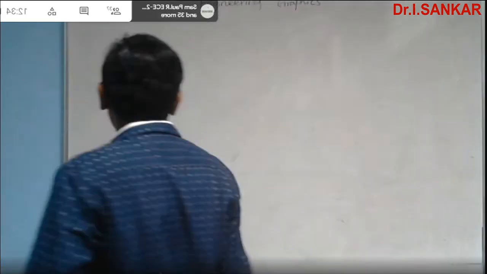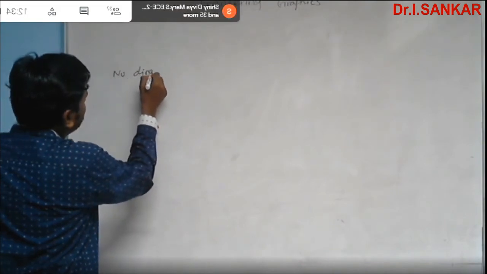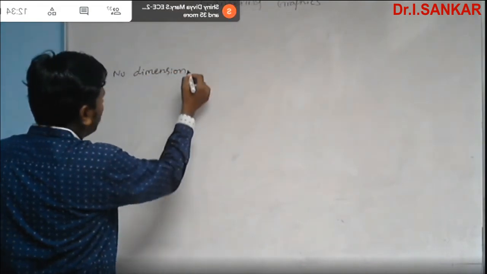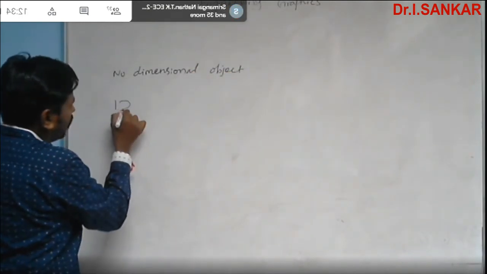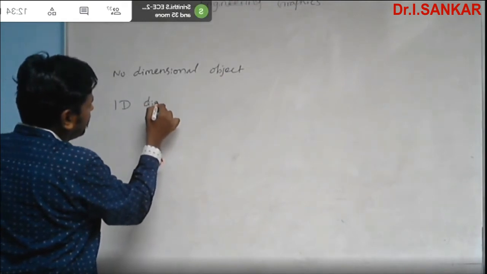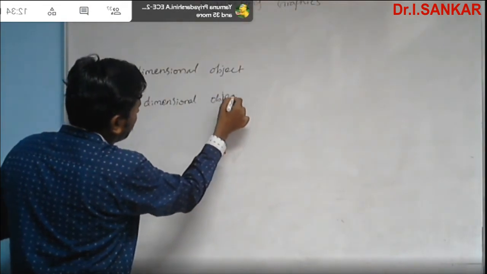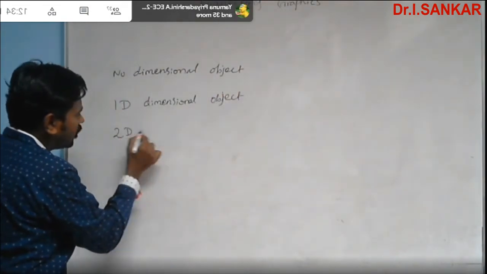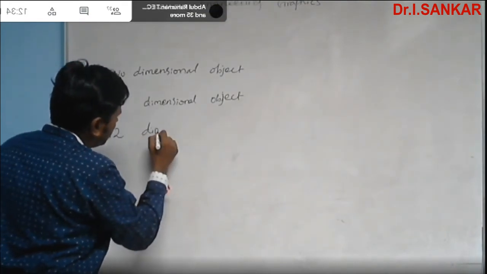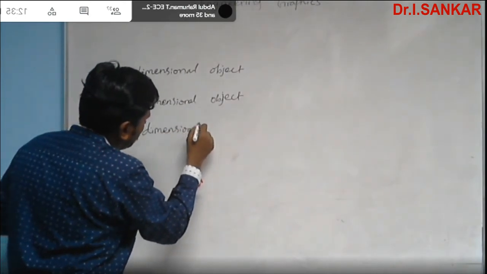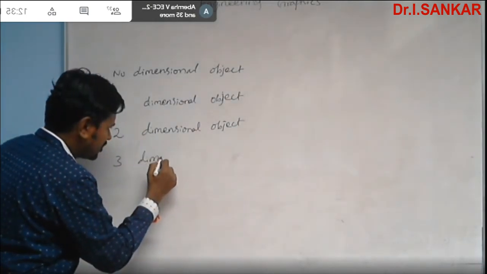See, no dimension or no dimensional object, 1-dimensional object, two-dimensional object, and finally 3-dimensional object.